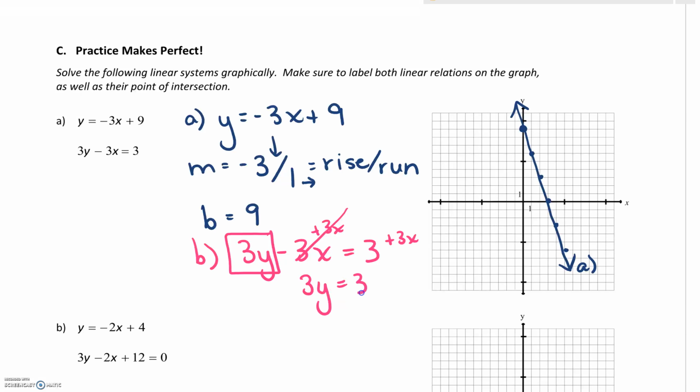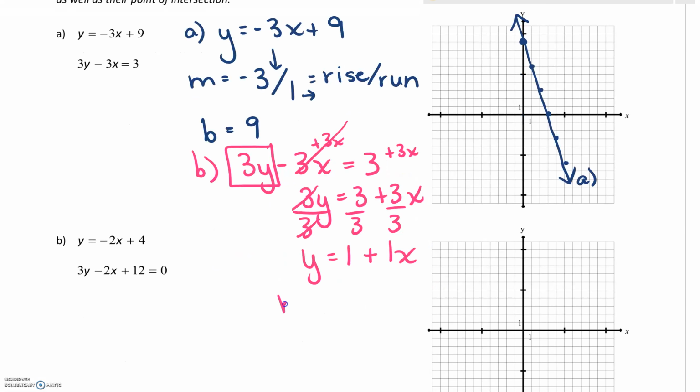Once I add 3x on both sides, then I can divide everything by 3. Okay, so that means that y equals 3 divided by 3 is 1, and 3 divided by 3 again is 1x.